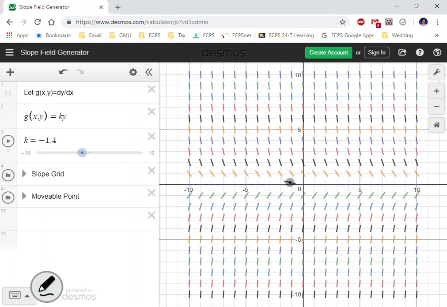But 90% of the time, things that happen in nature don't just exponentially grow or just exponentially decay, right? At some point in time, it levels off. Carrying capacity, right?